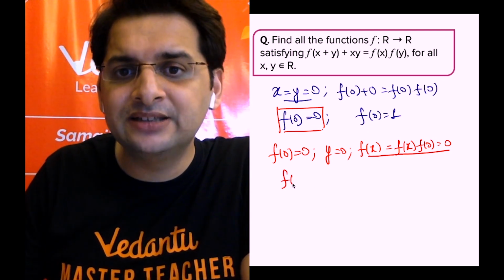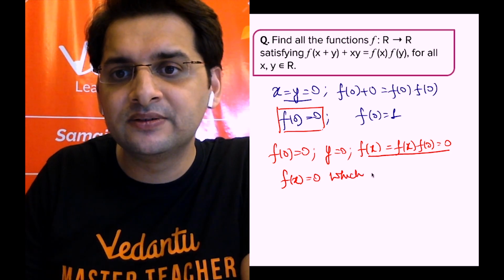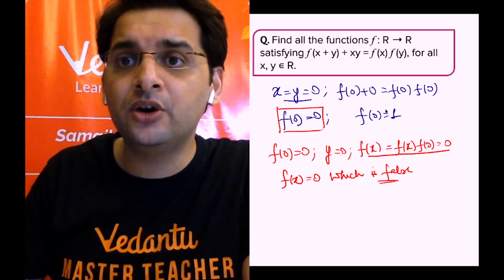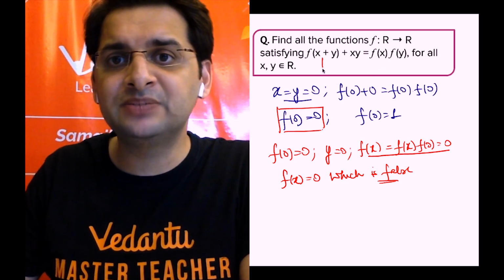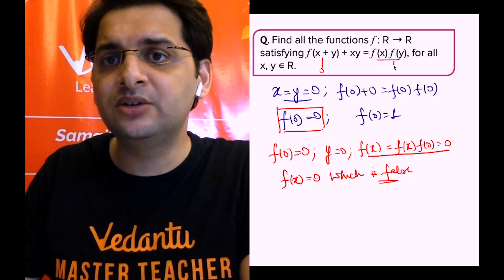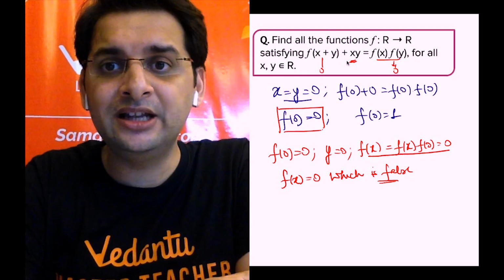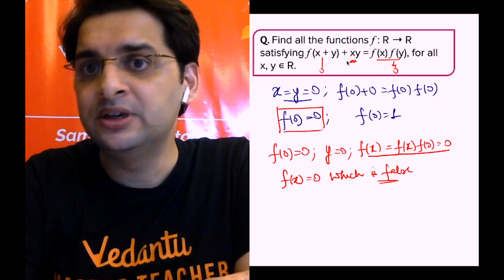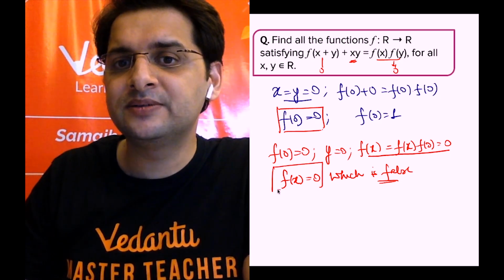So the function he says is f of x is equal to 0, which is false, because this may not be true for all x, y belonging to real. Because if f of x is 0, this part is 0, and this part would be 0. So it would depend on x, y for LHS to be equal to RHS. When x and y both are not equal to 0, this will not be true. So this claim is false.